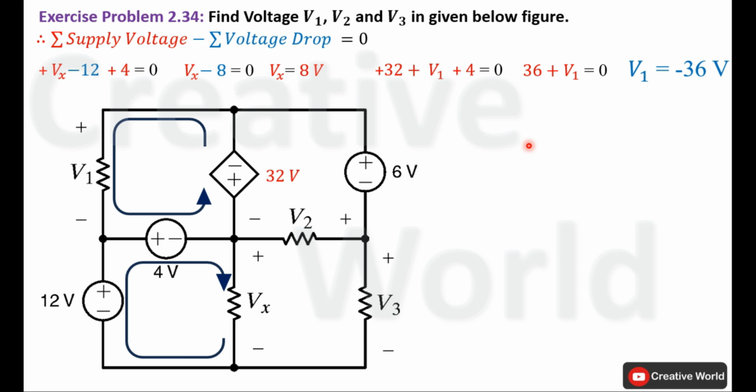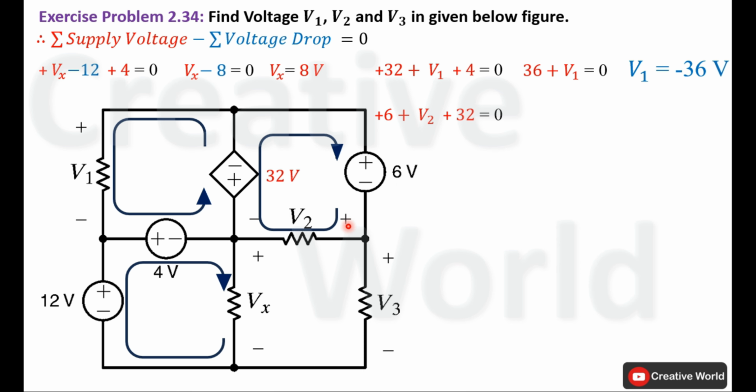Now apply KVL inside this closed loop. First identify the direction of current. I am taking the direction of current clockwise. You may take counterclockwise as well. Now start writing the KVL equation for this closed loop. Start from 6 volt source. Current entering terminal is positive, so 6 volt will be taken with positive sign. Move to next element.